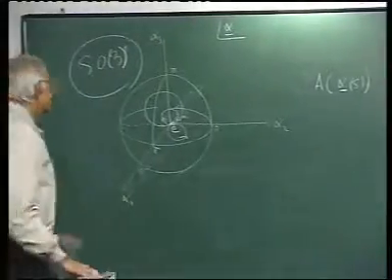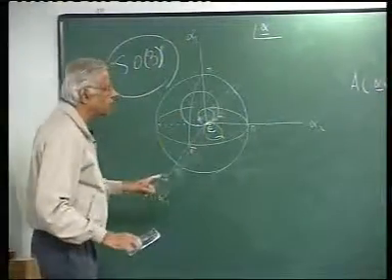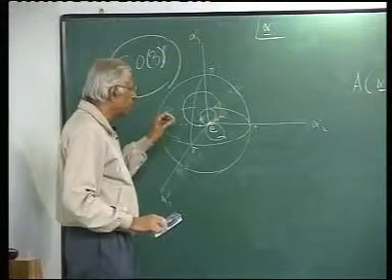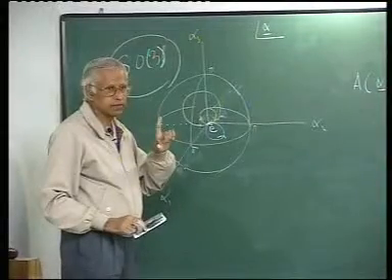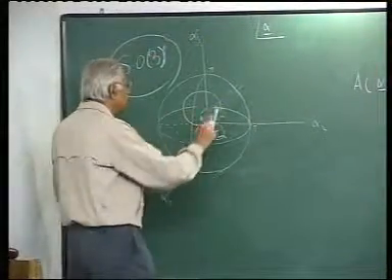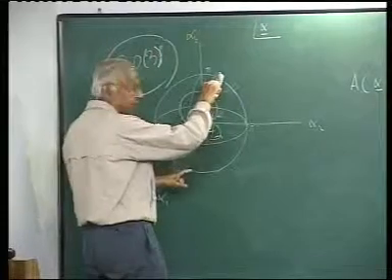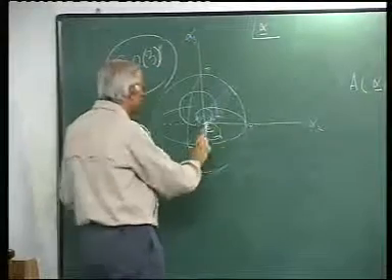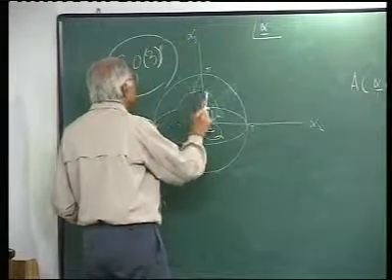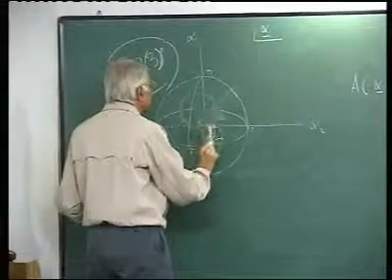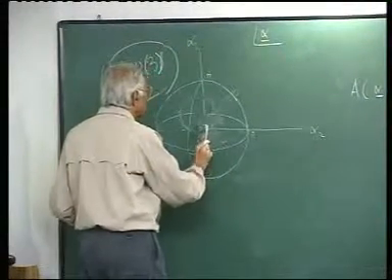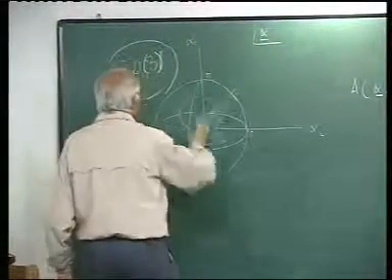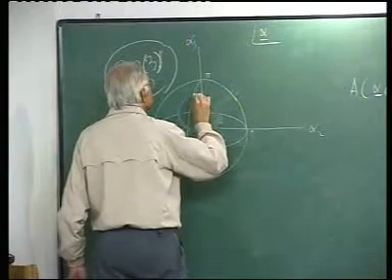Now I do something else. For the loops I have talked about up to now, I have never taken advantage of the identification rule. What was the identification rule? It said this point is really the same as this point. It said this is the same as that. This is the same as that, and so on. So in the loops that I have discussed up to now, where I never touch the surface, I have not utilized or exploited this identification rule.